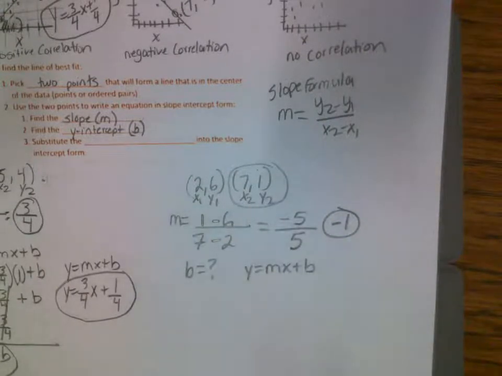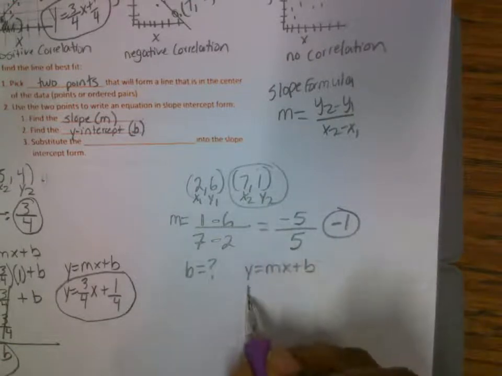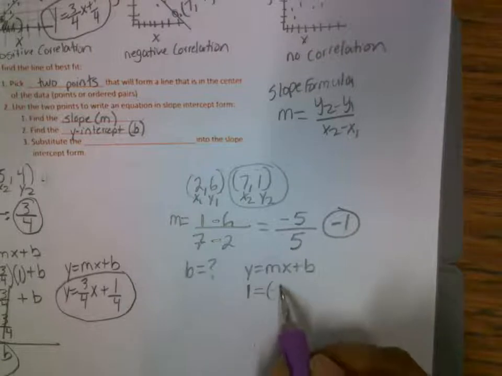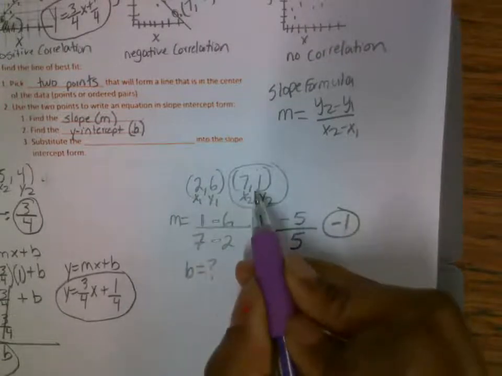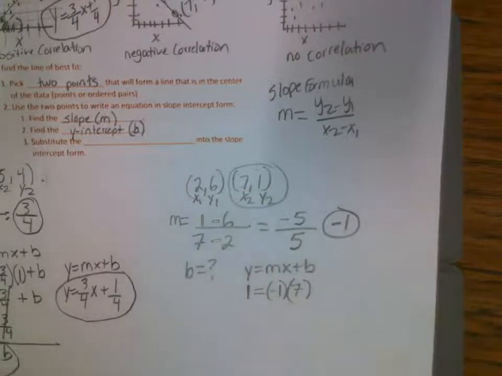It doesn't matter which one you use because they're on the same line, you're going to get the same y-intercept. So you're going to get the same answer no matter which one you choose. So here my y is 1 equals my m is negative 1 times my x is 7. I'm tripping. Sorry, y'all.